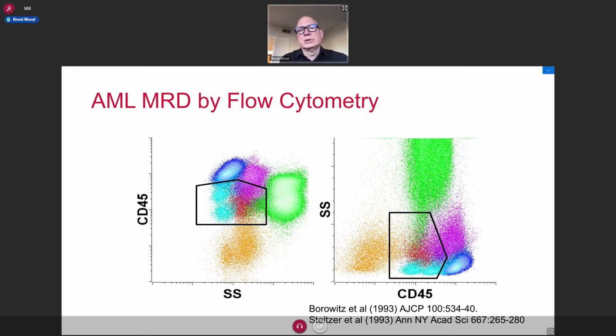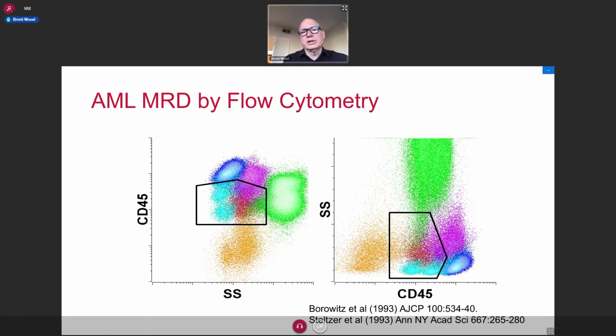So a common way to do this is to look at CD45, an antigen expressed on all white cells at varying levels, dependent on maturational stage, versus light scatter or side scatter. And here we have two representations of that, linear side scatter on the right, logarithmic side scatter on the left. The progenitor populations of cells in this type of display lie in the gates or boxes that are indicated.